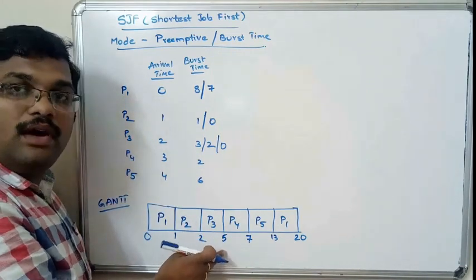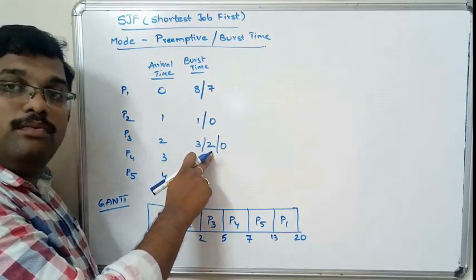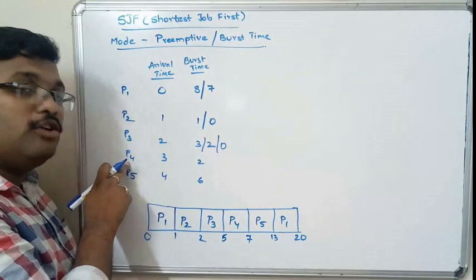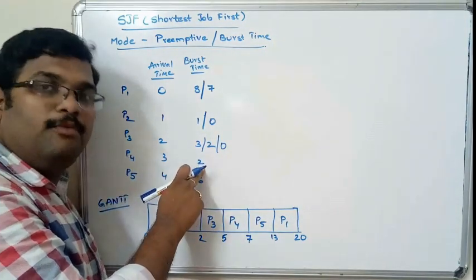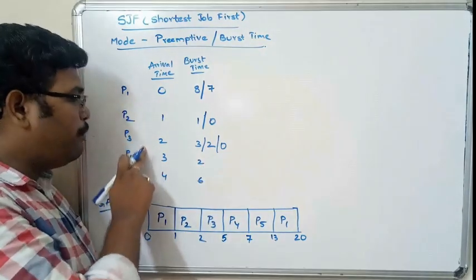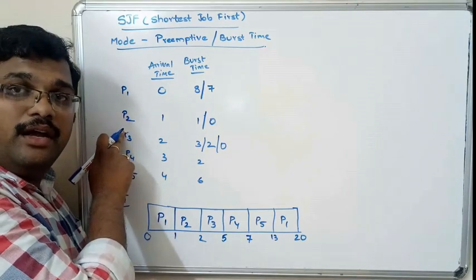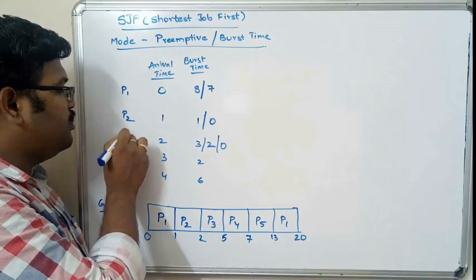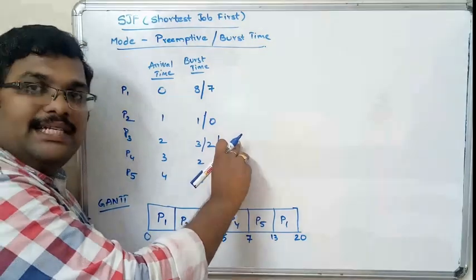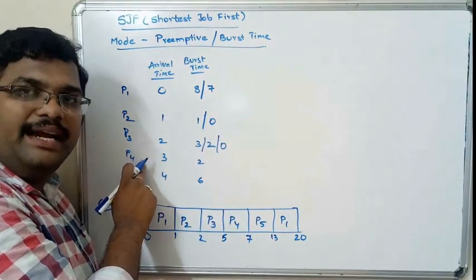So after completion of 1 second, P3 requires 2 seconds to complete its execution, and at the arrival time 3, P4 is also available in the ready queue, which requires the same 2 seconds. So here there are 2 processes which require only 2 seconds to execute. So if you get this case, select the process which has the lowest process ID.